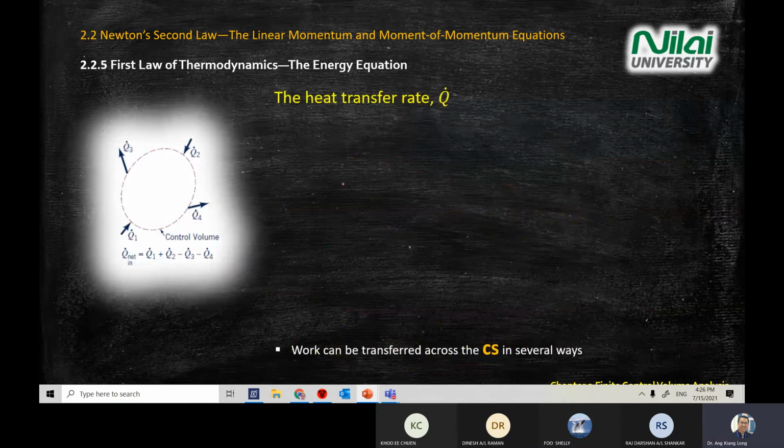Second concept for today is the Q, which is the heat transfer rate. So as you can see from the diagram here, you see a lot of Q there. The arrows are pointing in and out. Okay, so recall back what is the positive sign and negative sign just now.